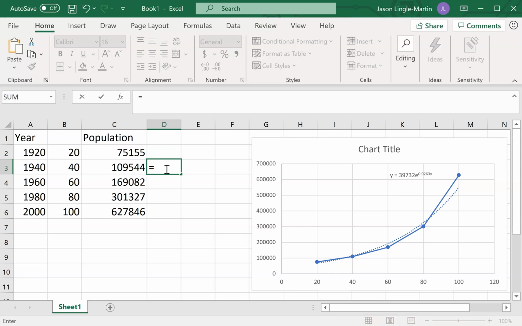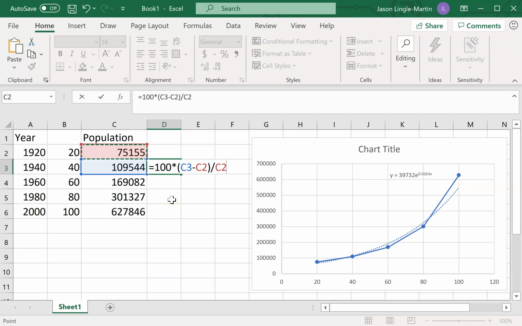Equals tells Excel that it's starting a formula. I want it to be a percentage value, so I'm going to multiply by 100, and then I'm going to take the new value minus the old value divided by the old value.